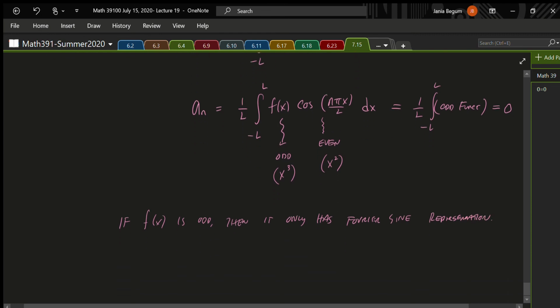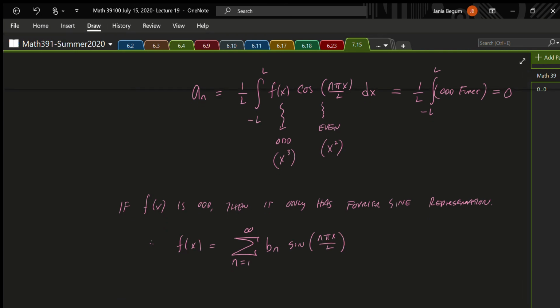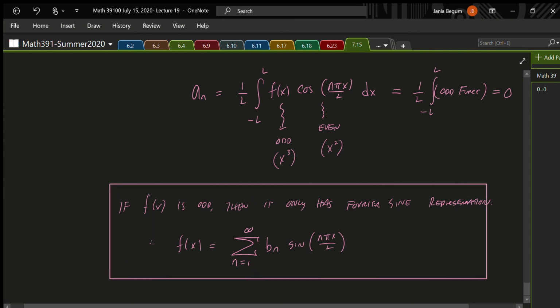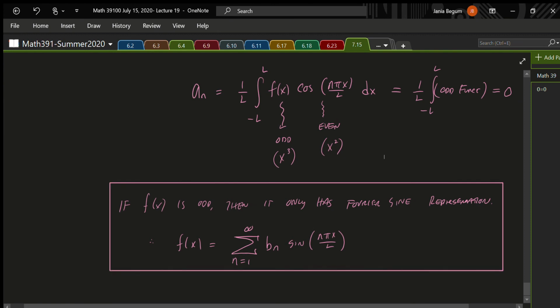So in terms of the formula, f of x is only equal to the sum from n equals 1 to infinity of bn sine of n pi x over L. So that will be your Fourier series representation if your function is odd. So you see how you can save time by just letting a0 be 0 and an be 0 if the function you're looking at is an odd function. And we'll have the same thing for the cosine Fourier representation if the function is even.